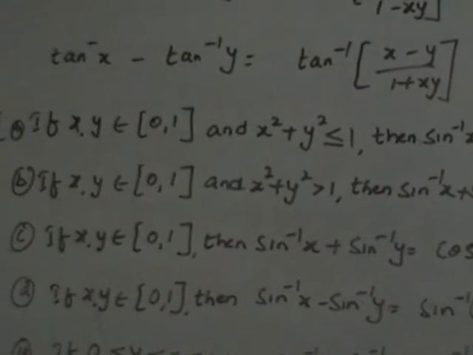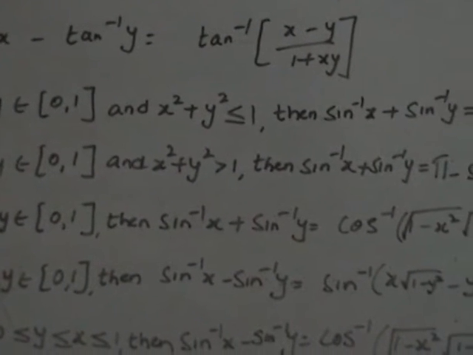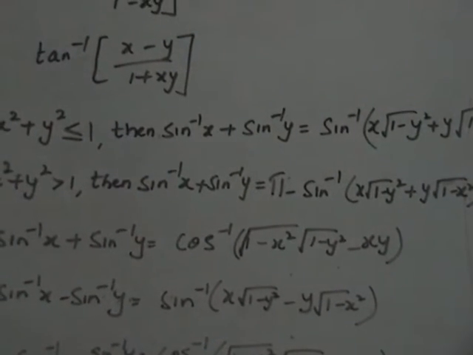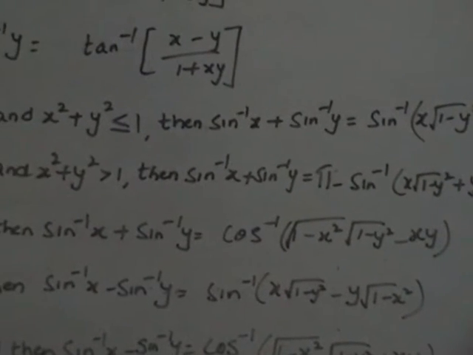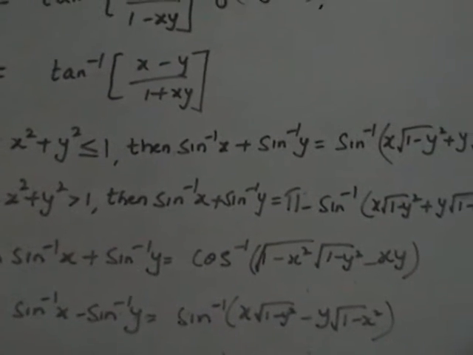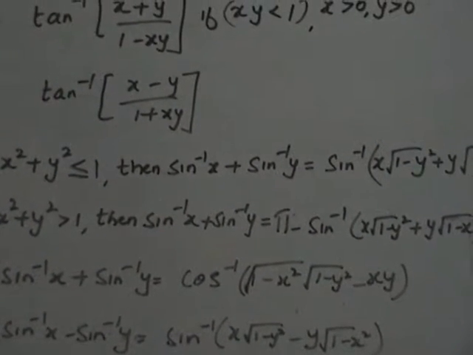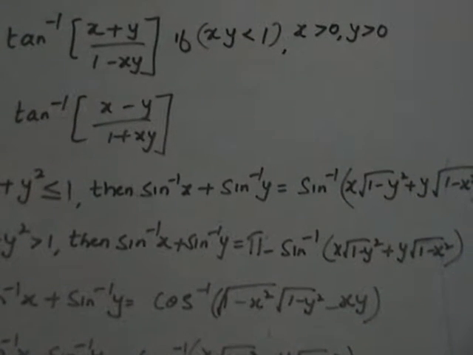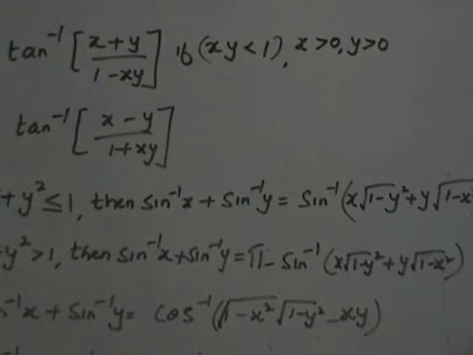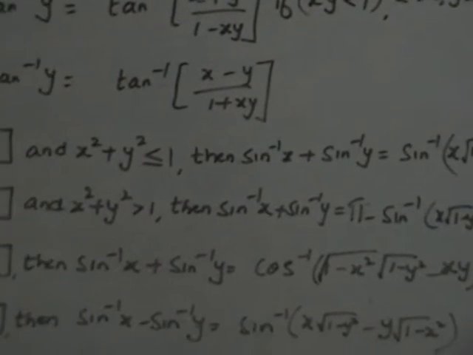Similarly, if x and y belong to 0 and 1, then sin inverse x plus sin inverse y is equal to cos inverse of root over 1 minus x square into root over 1 minus y square minus xy. If x and y belong to 0 and 1, then sin inverse x minus sin inverse y is equal to sin inverse of x into root over 1 minus y square minus y into root over 1 minus x square.